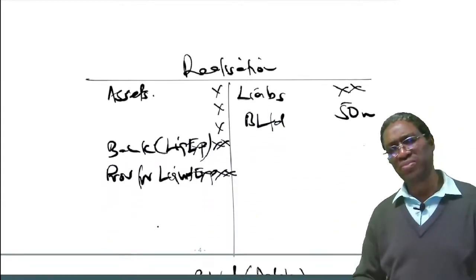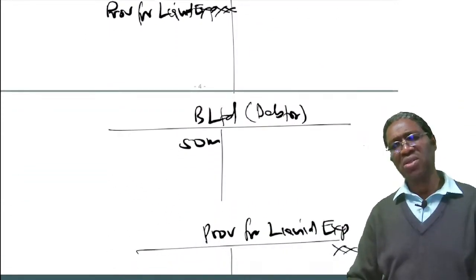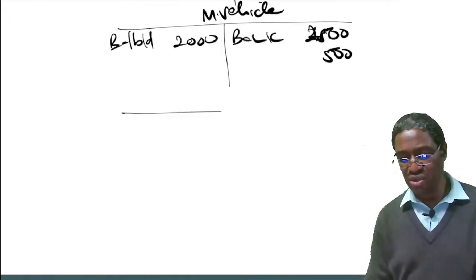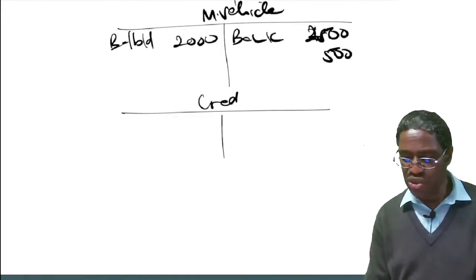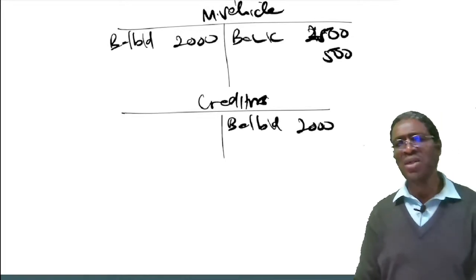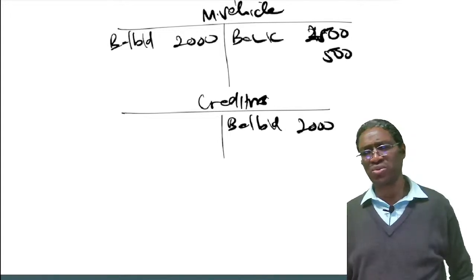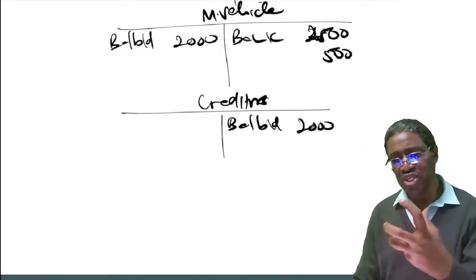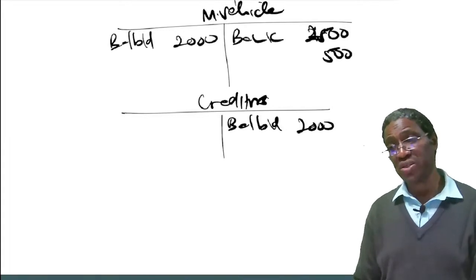Let us assume that the liability is creditors, and that the creditors liability amounted to 2 million. Suppose the question tells you the creditors were willing to accept 1.8 million in full settlement.